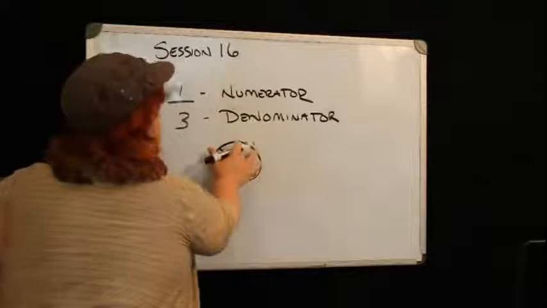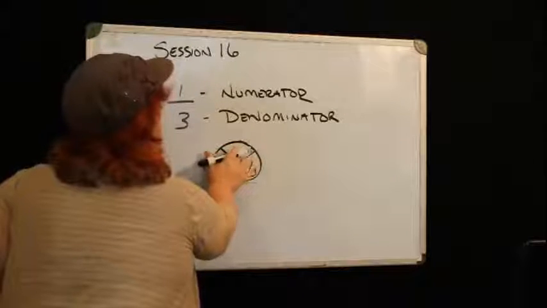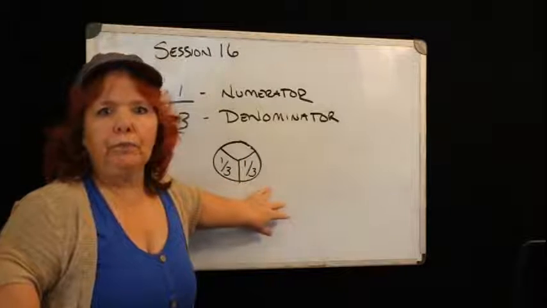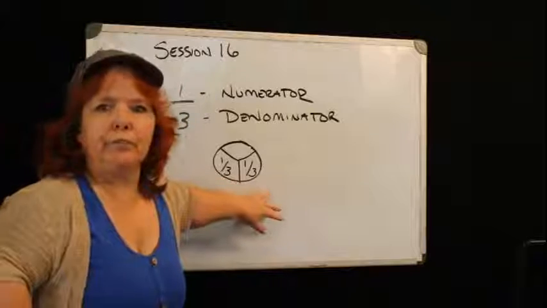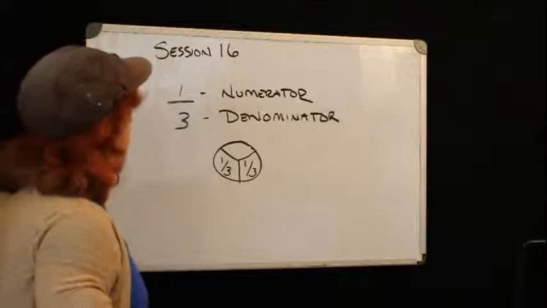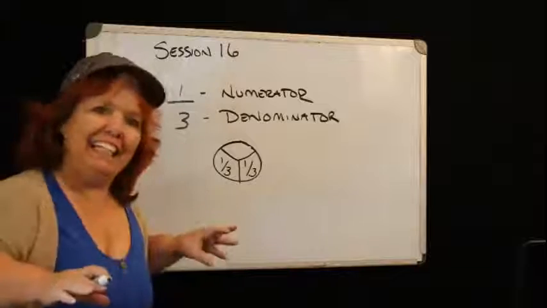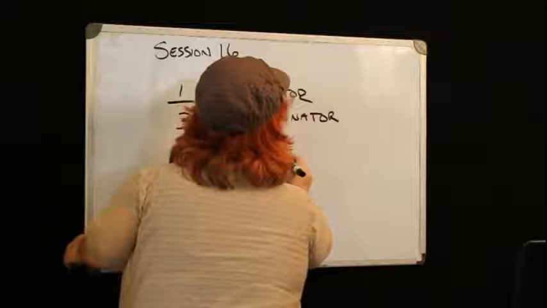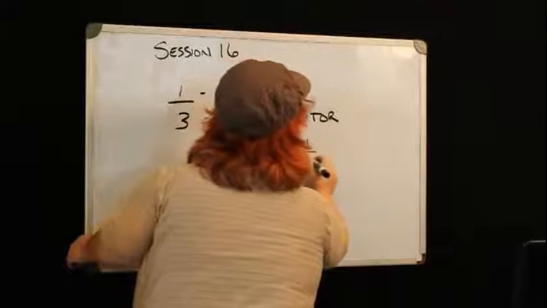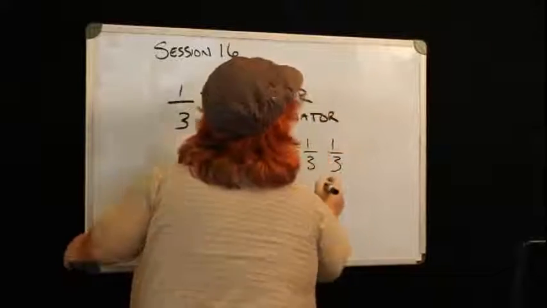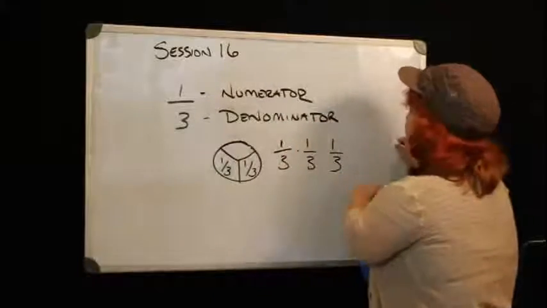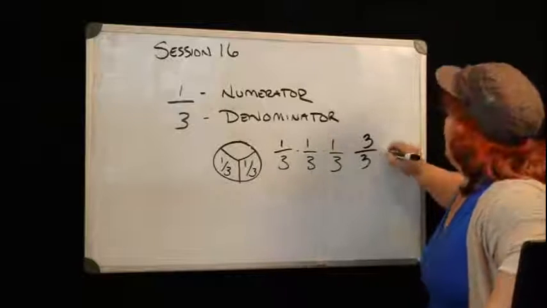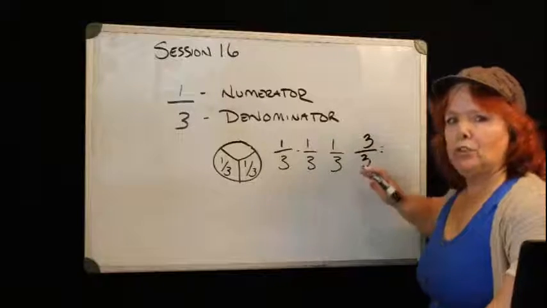So he took a third to his buddies, split that up between them. And that leaves me with 2/3. If he hadn't taken that part, I would have 3 over 3, wouldn't you? 1 over 3, 1 over 3, 1 over 3. So I would have 3 parts of 3 that make the whole. So again, 3 over 3 equals 1.